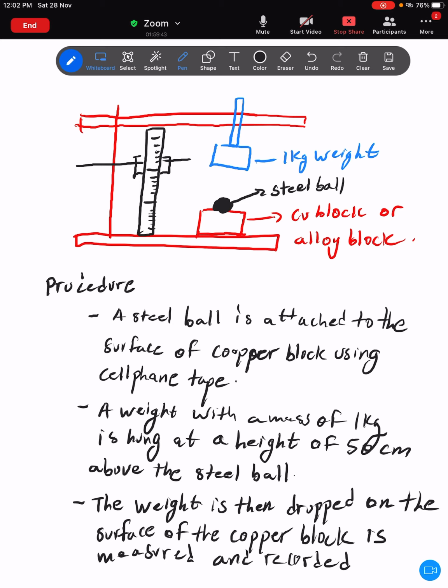Dah? Yes. Jap lah. Next step saya cakap. Okay, screen capture this thing first. Dah ke? Okay, sekejap ya.